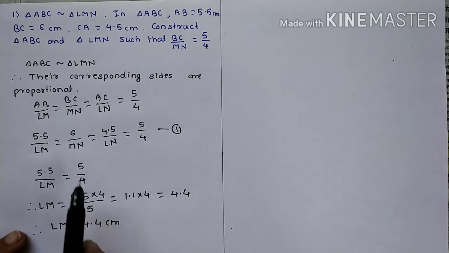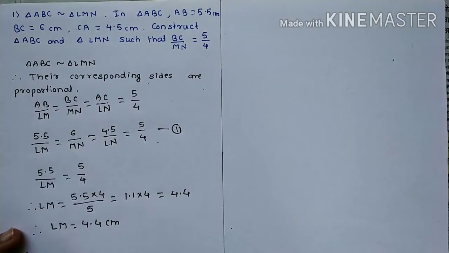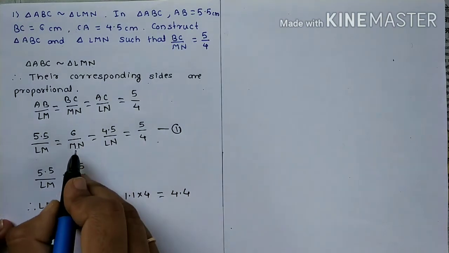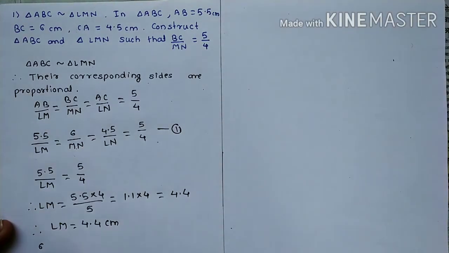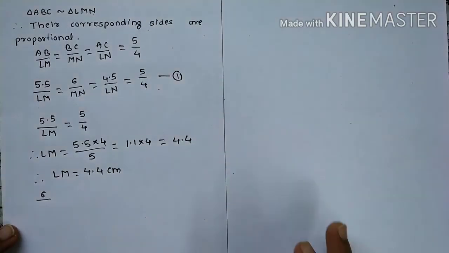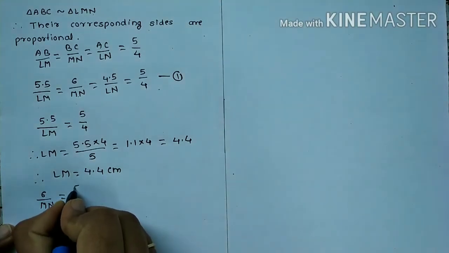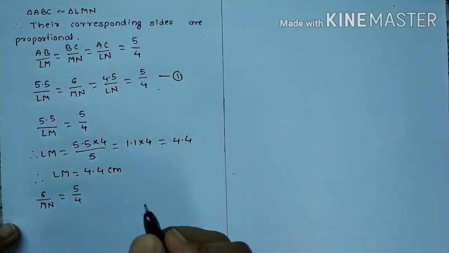Okay, now we take these two ratios. Therefore 6 upon MN equal to 5 upon 4.